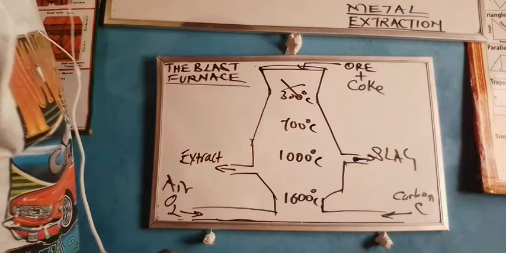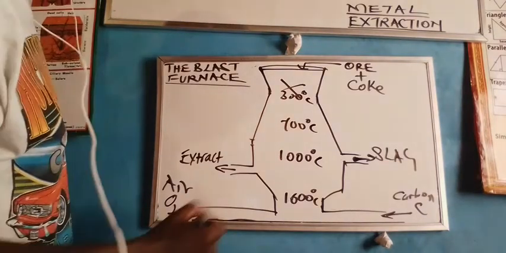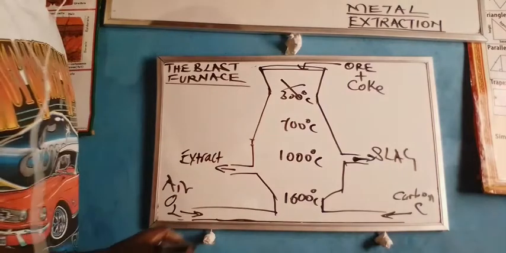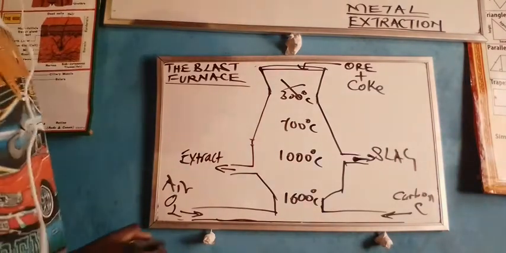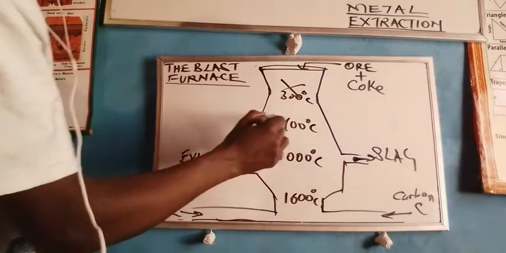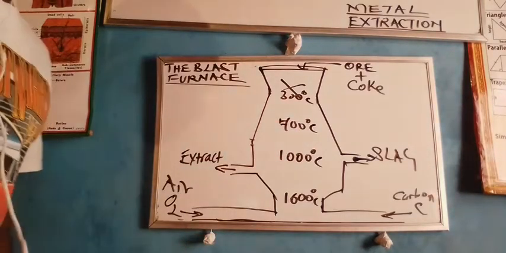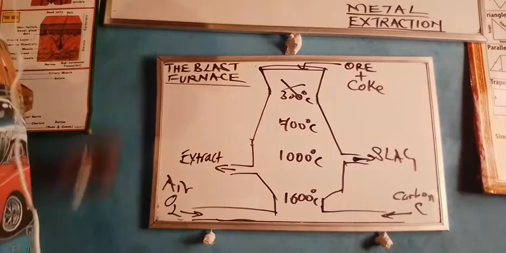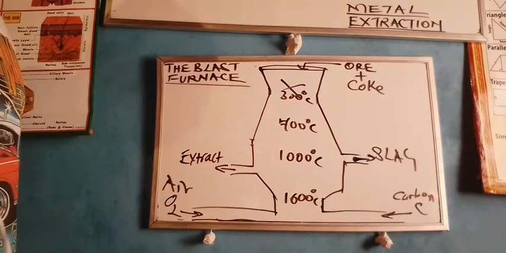So once the CO2 has formed, it combines again with carbon, which comes from the top in form of coke. The coke reduces the carbon dioxide into carbon 2 oxide or carbon monoxide, which is a reducing agent. And then at the middle of the furnace, the reducing agent reduces the metal oxide into the required product.